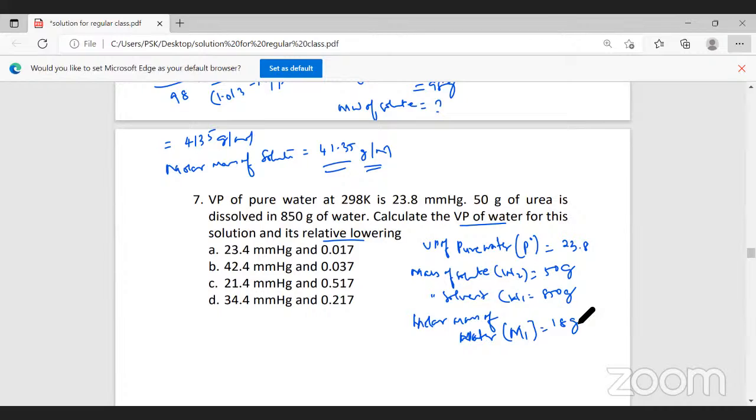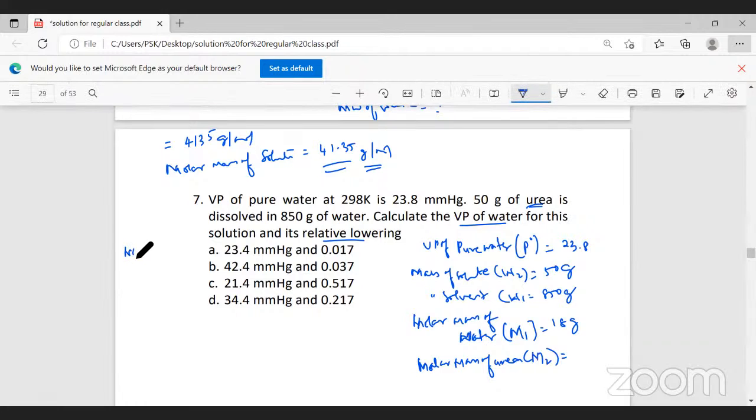Also, you should know the molar mass of urea, which we write as M2. The urea formula is NH2CONH2, so the molecular weight of urea is 60. You should remember that.